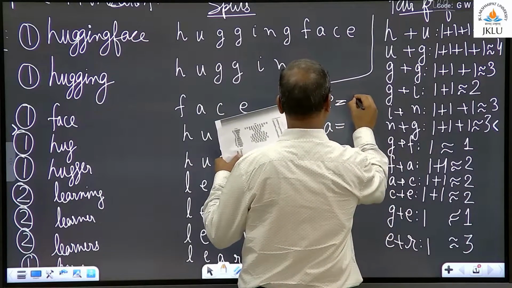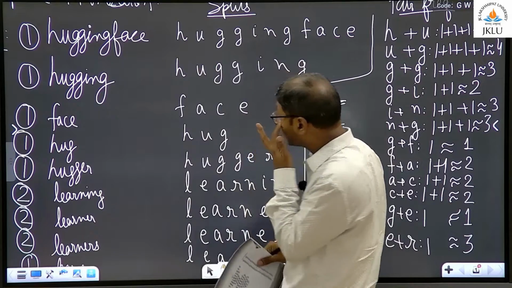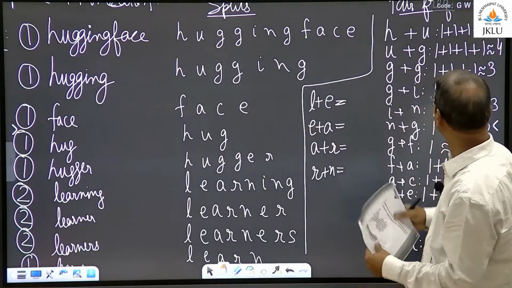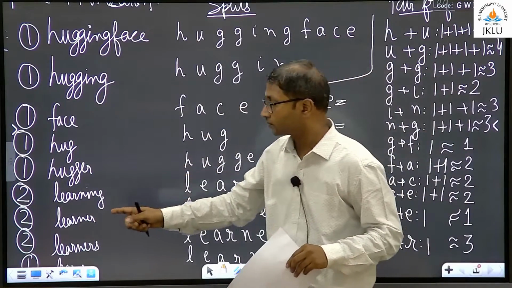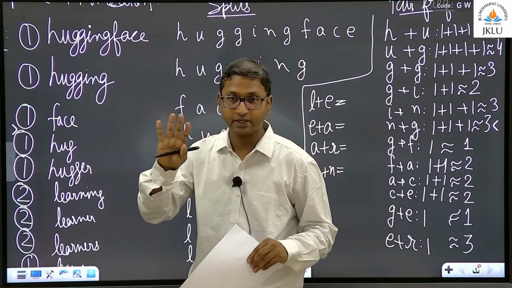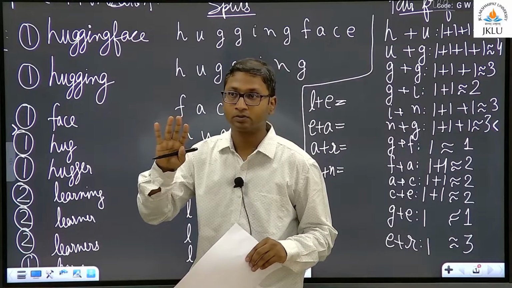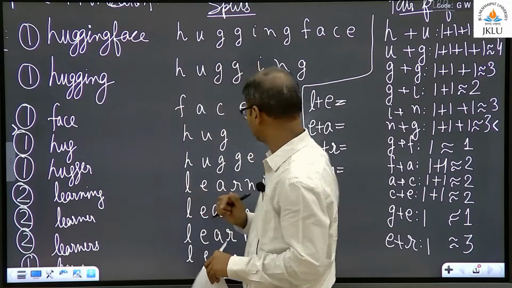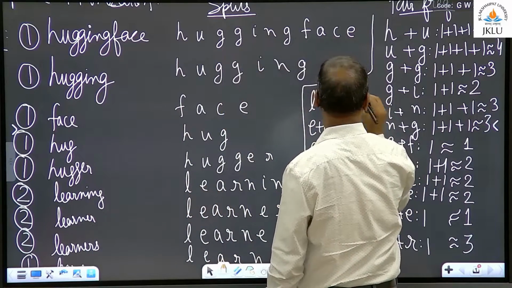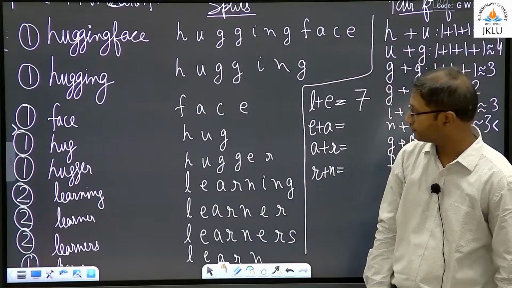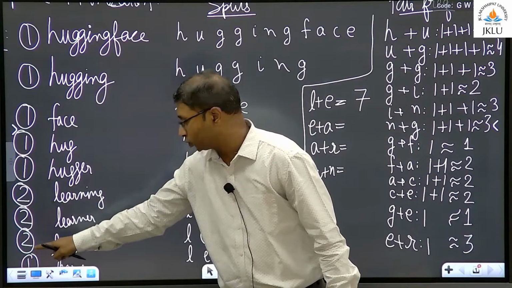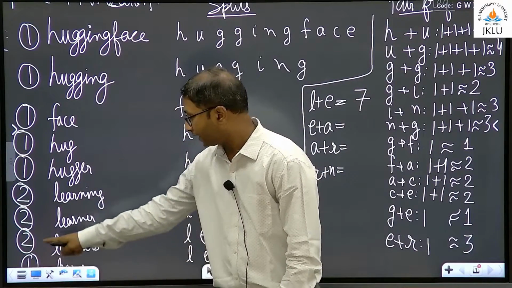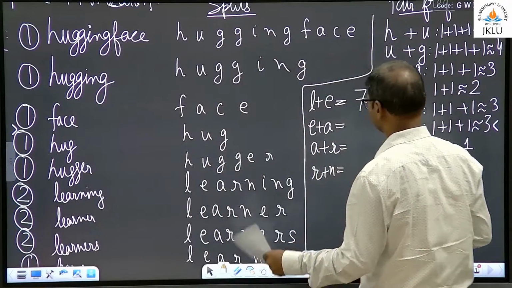LE, how many times does LE appear? Can you tell me? I don't need to do all this. 4? Everybody agrees? 4? 7. 2, 2, 2. Okay, and then 1. So 7 times.